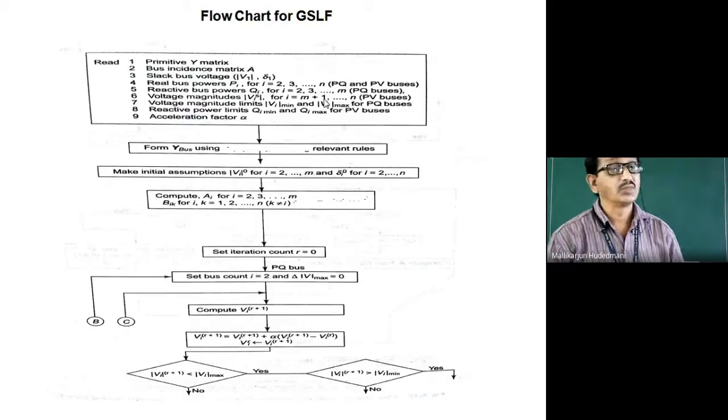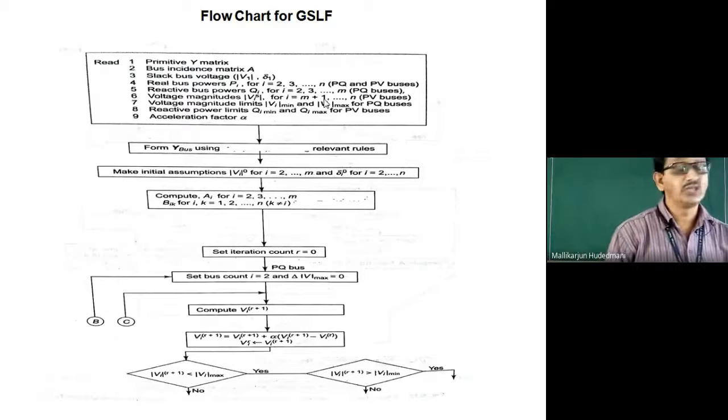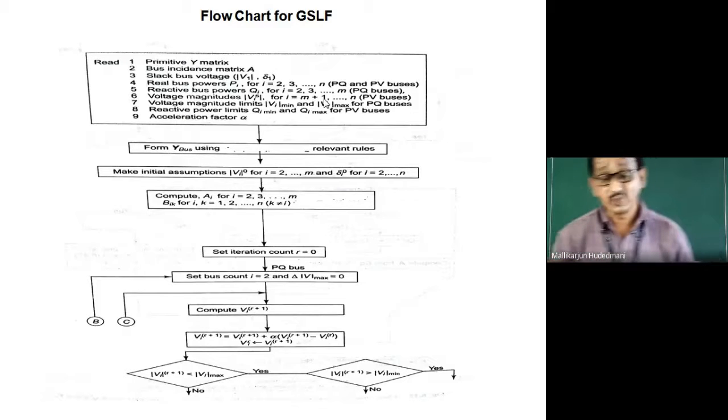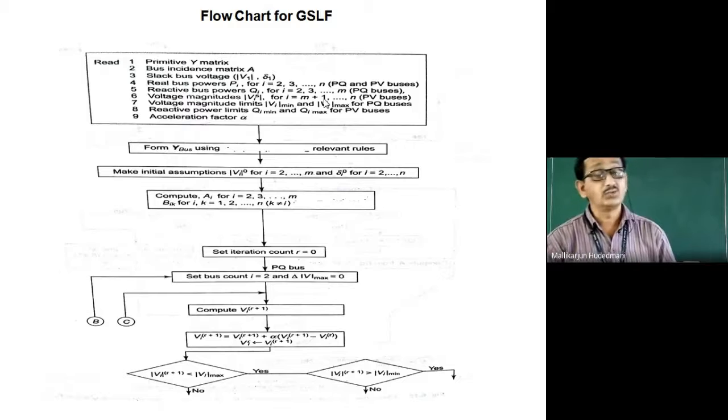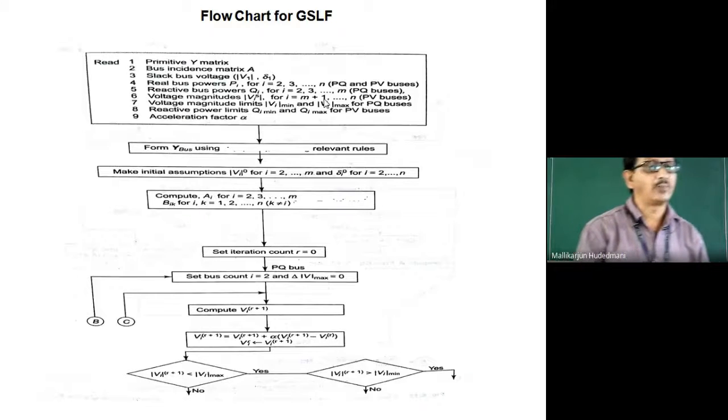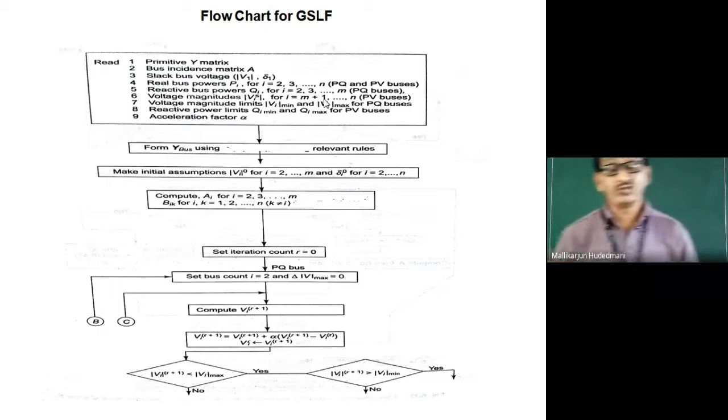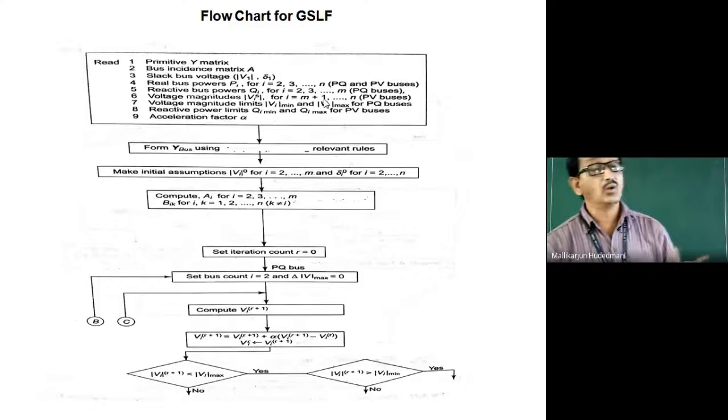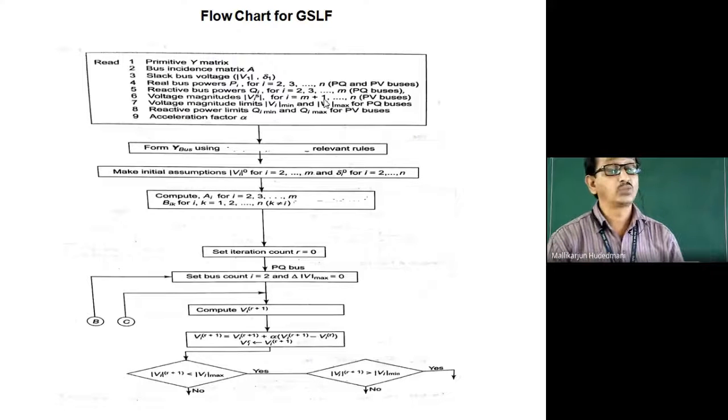So next, make all the initial assumptions. As I was speaking about, the Gauss-Seidel technique uses successive iterations or successive approximation and update of values. So here my variables are voltage and angles. To get the voltage solutions of all the buses except the slack bus and the angles of all those voltage vectors, I should start initially; some reference must be taken for them.